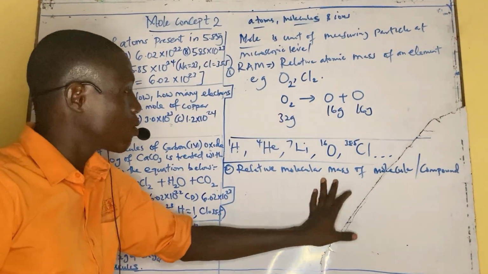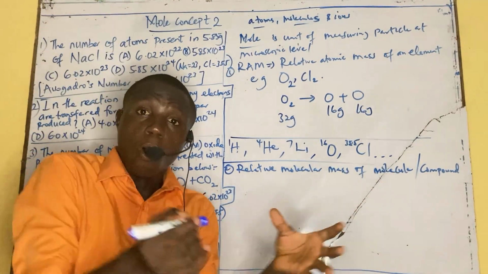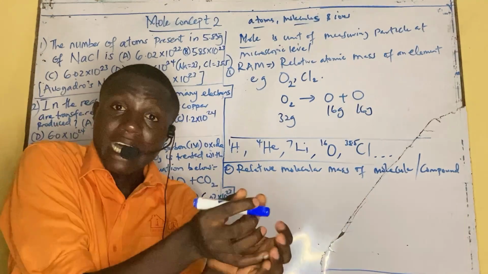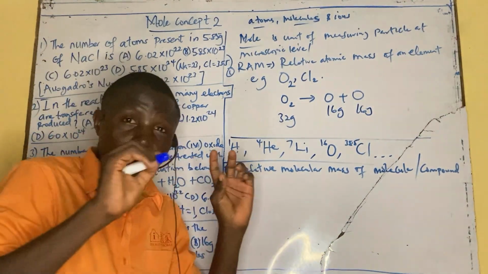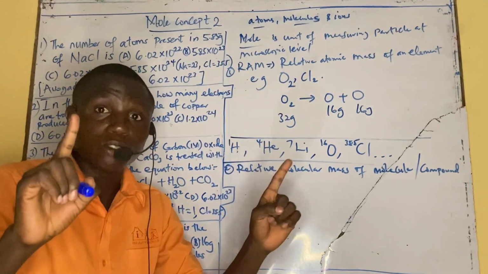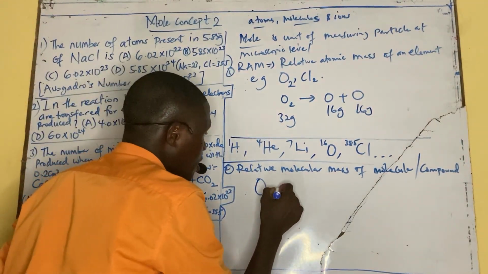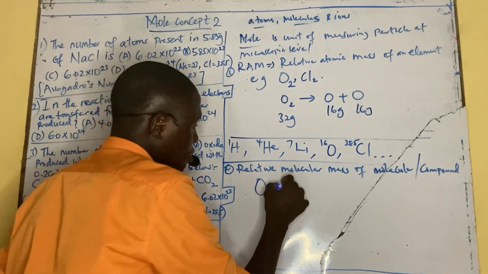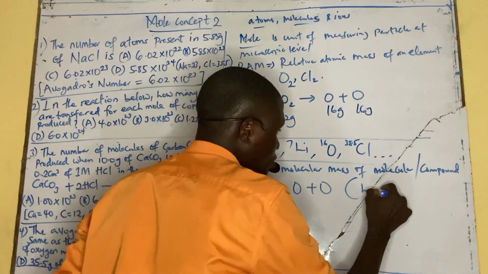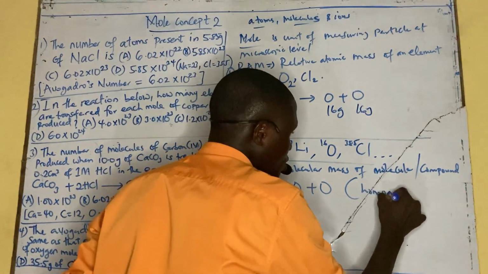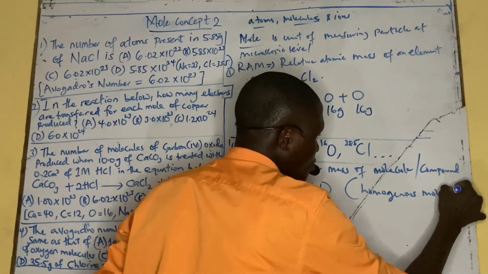So the relative molecular mass has to do with molecules, two or more atoms chemically combined together. A molecule involves more than one atom. For instance, oxygen is a molecule because it contains 2 atoms, O plus O. So we call this a homogeneous molecule.